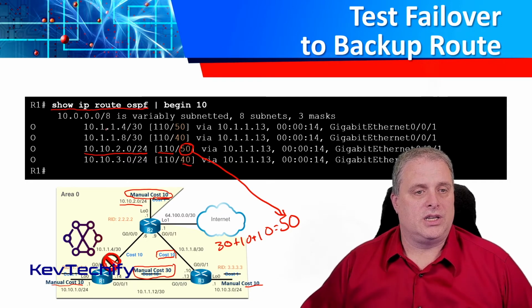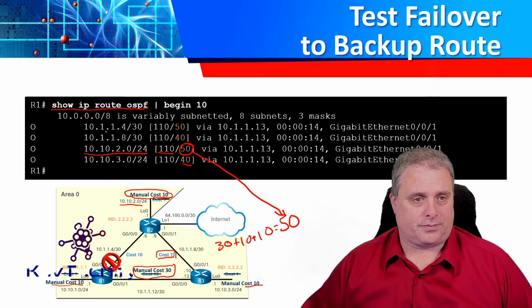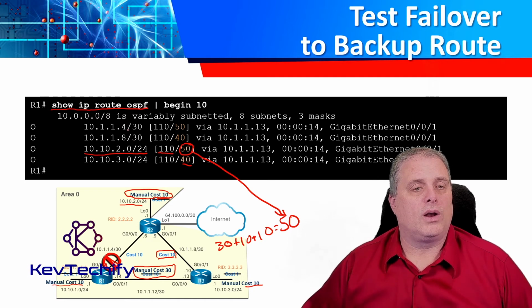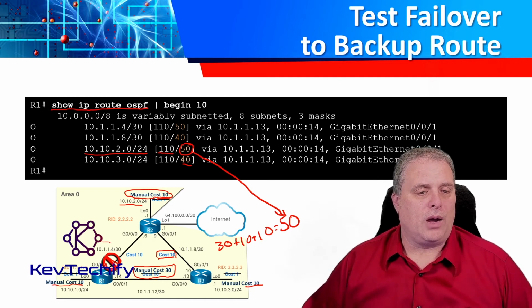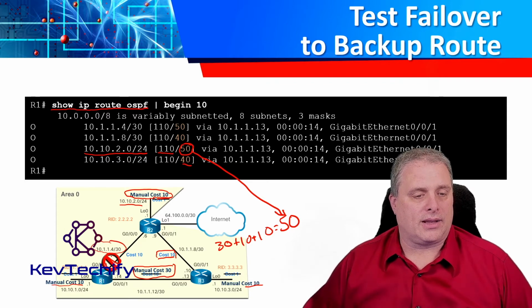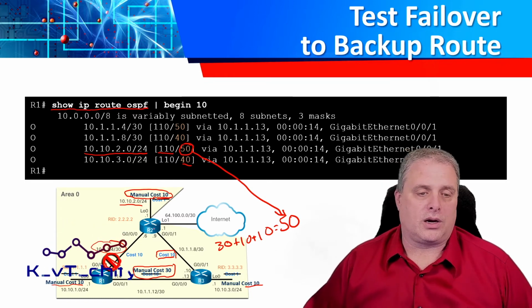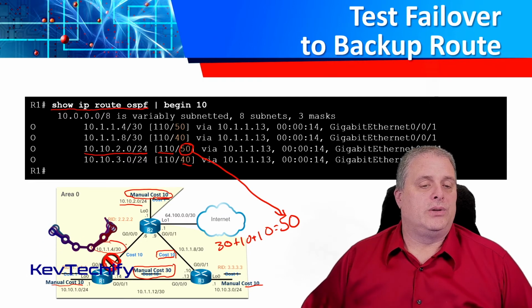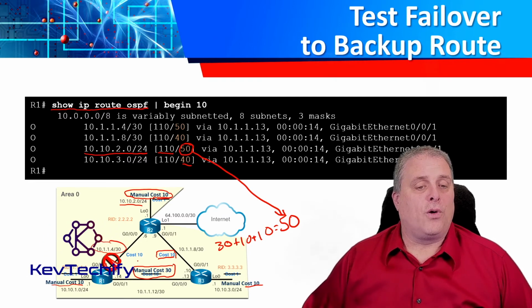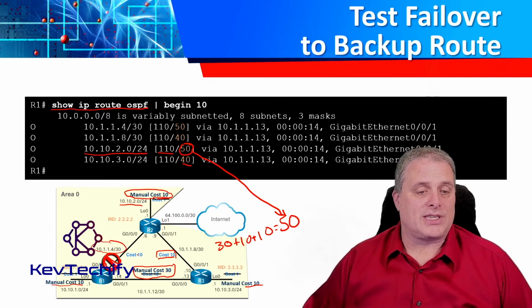And then to get to these other networks, the network of 10.1.1.4, which is the network that was directly connected to R1 and R2, but that connection on R1 went down, we have to go all the way through the network. We have to go from R1 to R3 to R2 onto that 10.1.1.4 network. So it's 30 plus 10 plus 10 again.